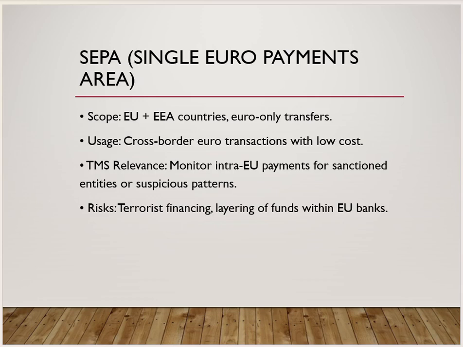Then let's move on to SEPA, which is the Single Euro Payments Area. SEPA is specifically for the EU and EEA countries, and all these transactions are done only in the euro currency.